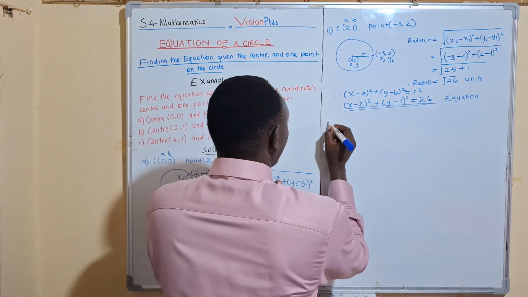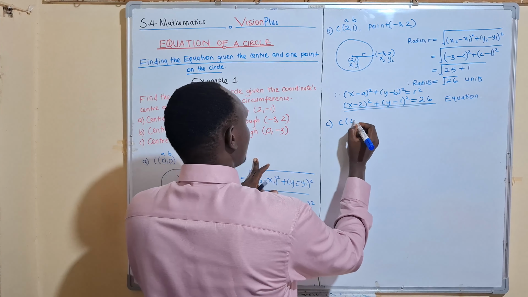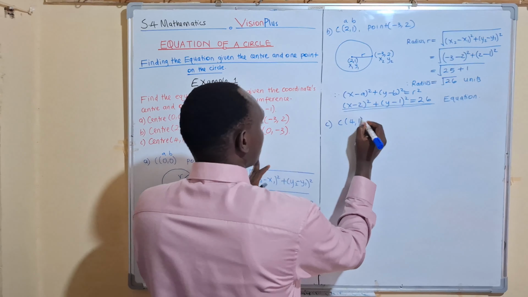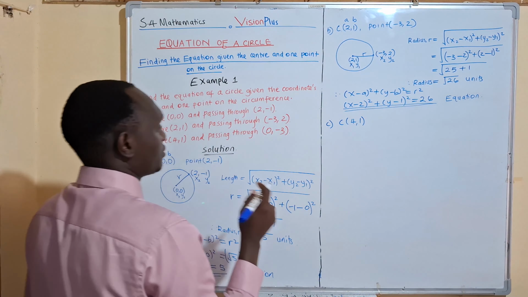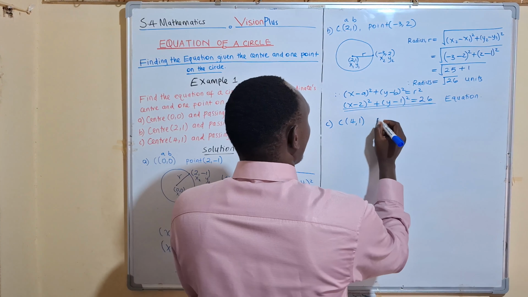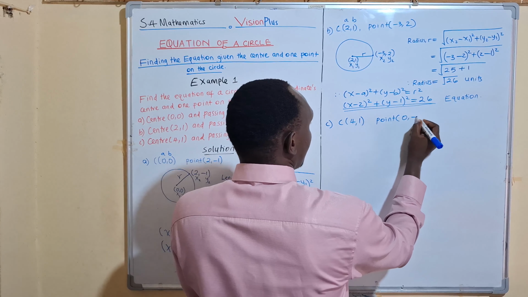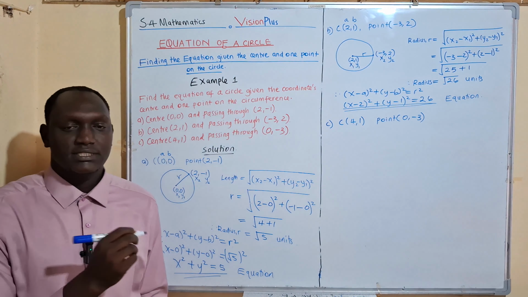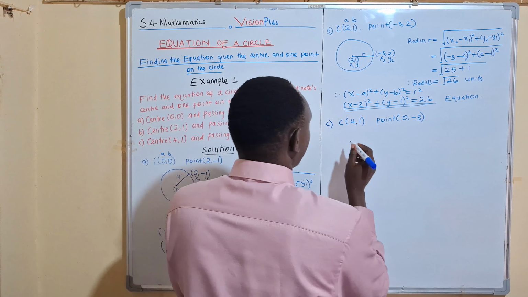So to conclude, in the same sense, in part C we are given the center as (4, 1). Please copy your information accurately from the question to avoid errors. And then the point on the circumference is (0, negative 3). What is the first step? Sketch the circle to guide you so that you can visualize the radius.